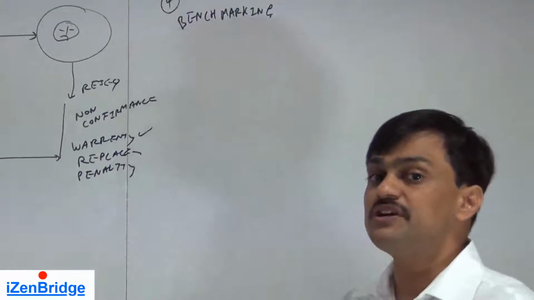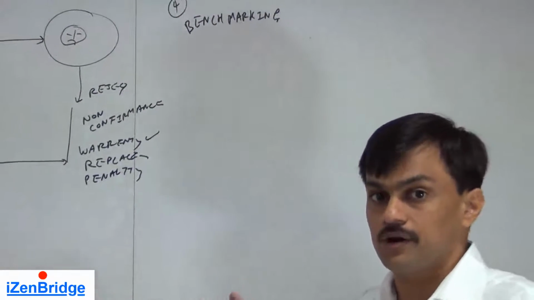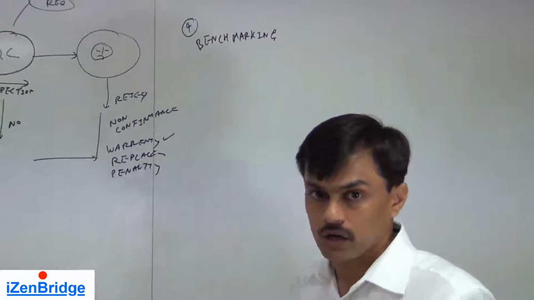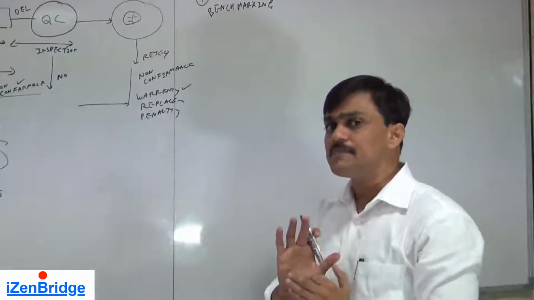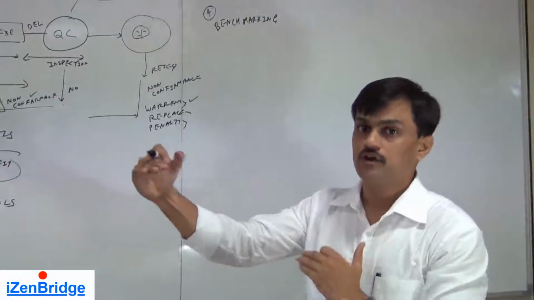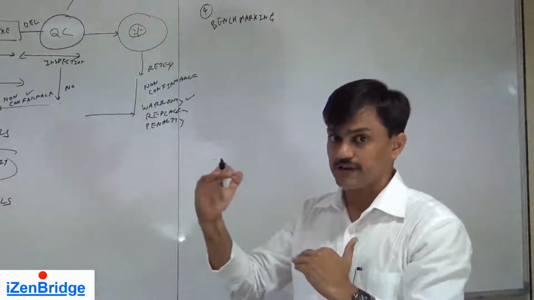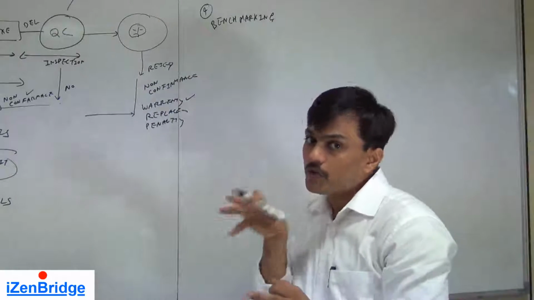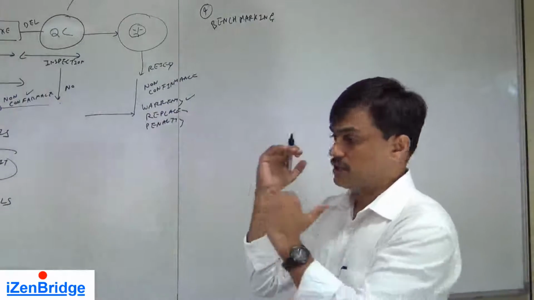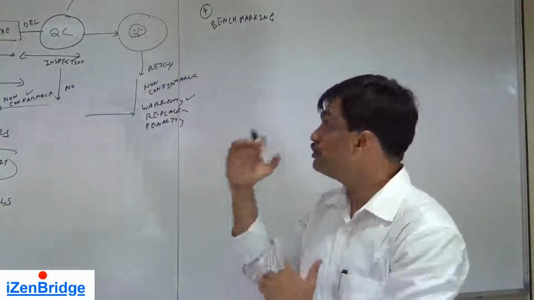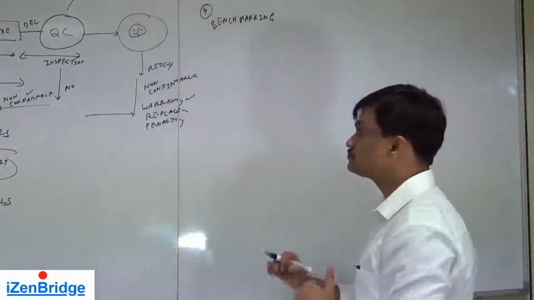We may use some industrial benchmarks which are available for our type of work. So benchmark in simple language is a reference point which is given or expected as a good reference, and we try to make our deliverable at least comparable with that benchmark.